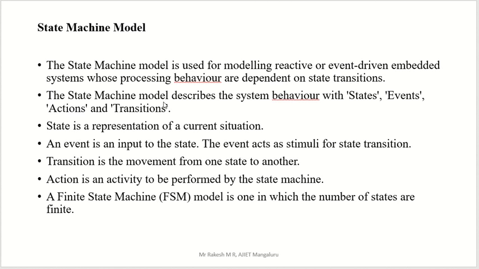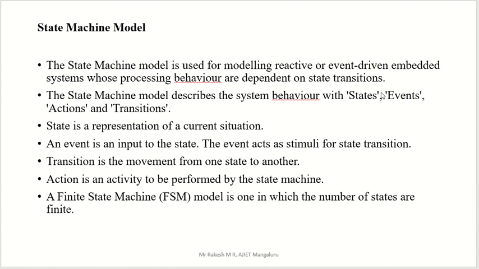The state machine model describes the system behavior with states, events, actions and transitions. We have these four things in our state machine model. One is state, different states are there, and another one is event.